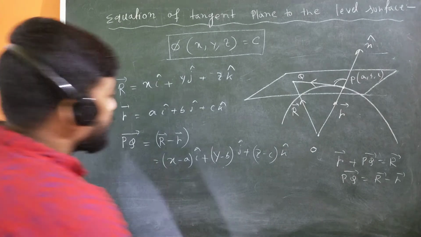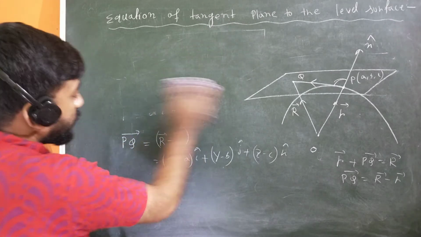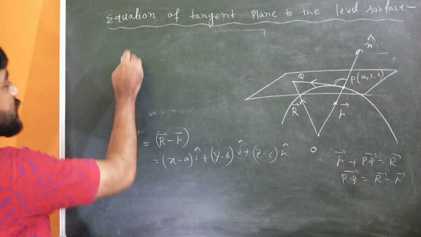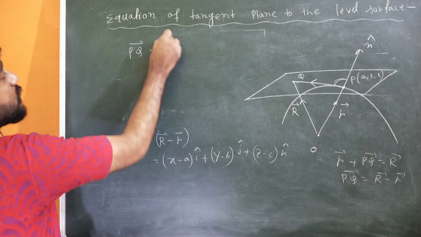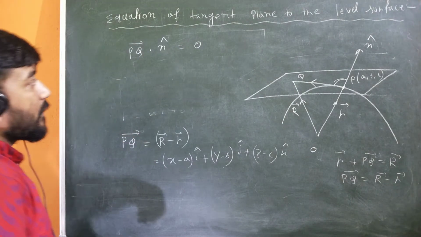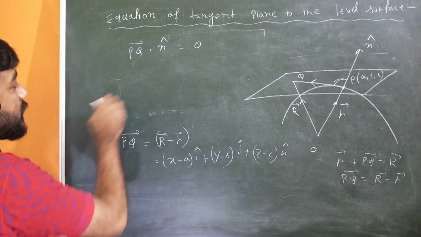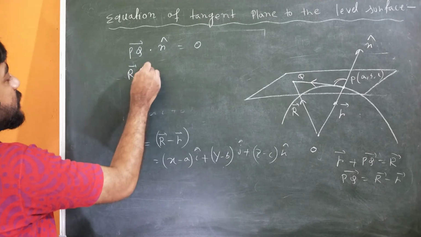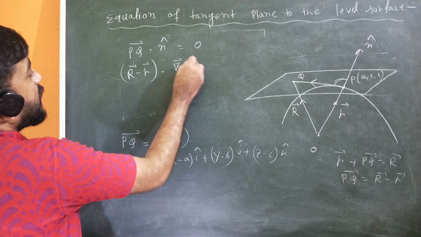Now we can apply the concept of the dot product of two vectors. R minus r, that is the PQ vector, dot n cap will be 0, obviously. And n cap is nothing but grad phi by mod grad phi. So you can write over here (R minus r) dot grad phi divided by mod grad phi.